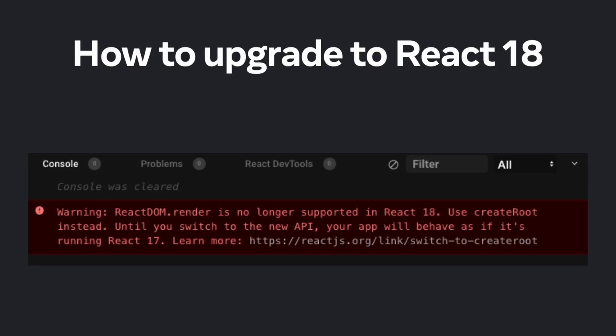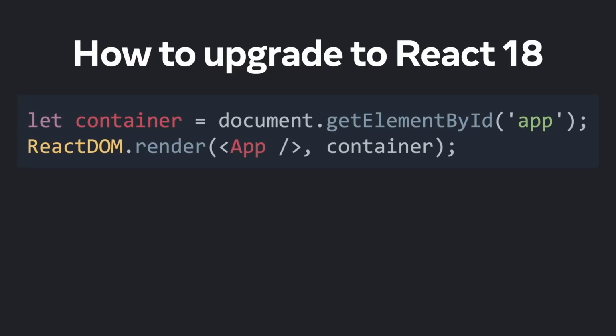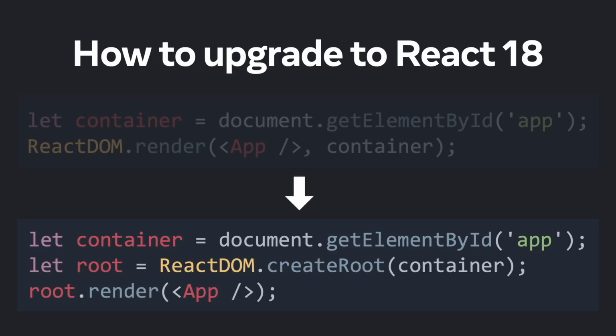So to upgrade to createRoot and to fix this warning, here's what you need to do. Find the place where you call ReactDOM.render to render your app. If you use something like Create React App, this code will usually be in your source index file. After you find your ReactDOM.render, replace it with ReactDOM.createRoot and render your app with the help of the root. Switching your ReactDOM.render to ReactDOM.createRoot should give your app a little bit of performance boost because of automatic batching.